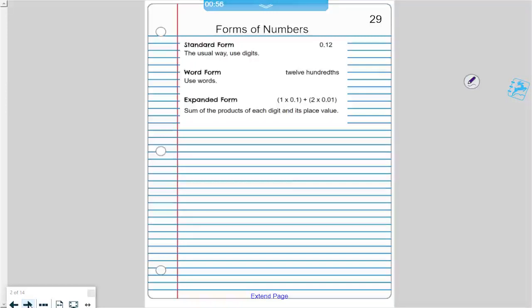So, for an example, if I use standard form, I'm going to write the number 5.246. Okay? Now, I know if I want to do word form, I'm going to use 5.